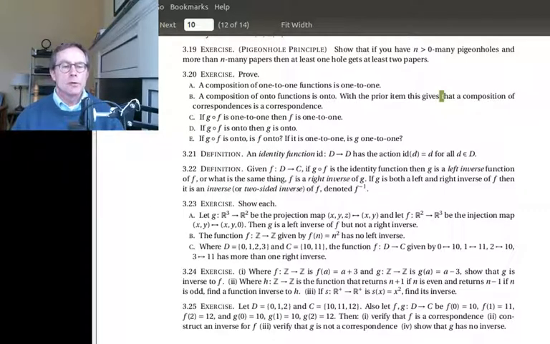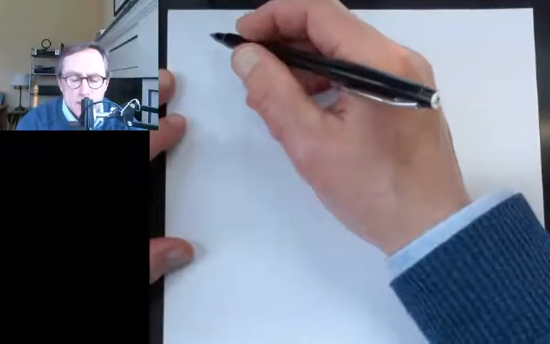Before you do these, of course, sometimes it makes sense to have a little bit of scratch work on a piece of paper. So I'm going to write down a picture for composition. This, of course, isn't a proof, but it is a picture.